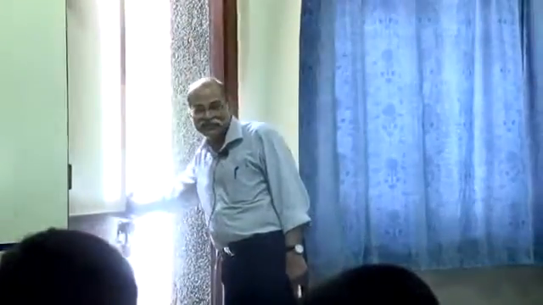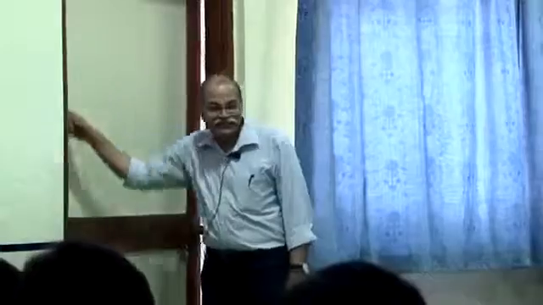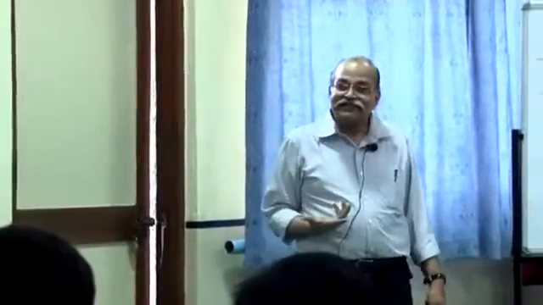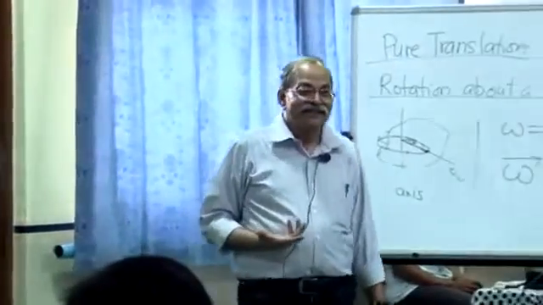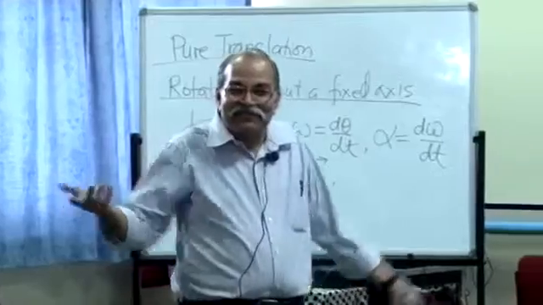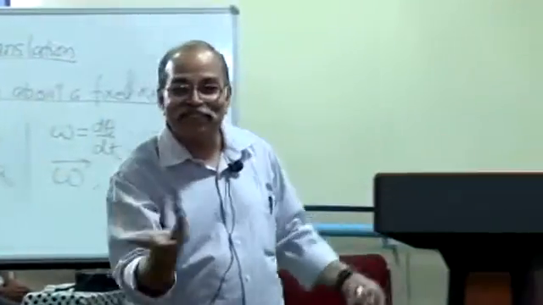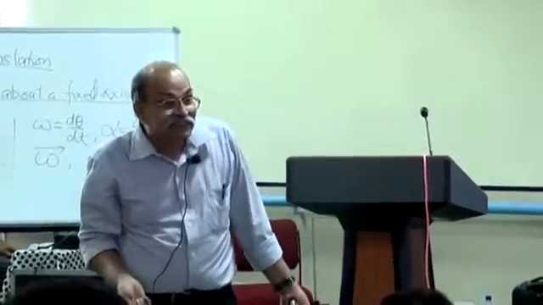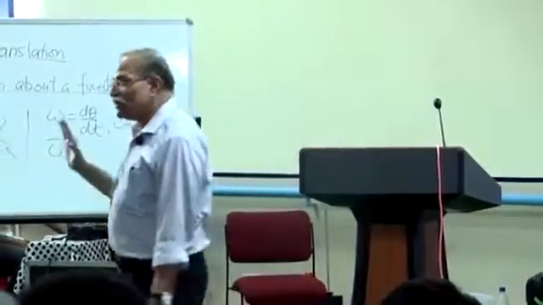Where is the axis? Through the hinges. At this time, what is its angular velocity? Zero. Nothing is moving, no angle is changing. It can go on that circle, but it is not going. So the angular velocity is zero.